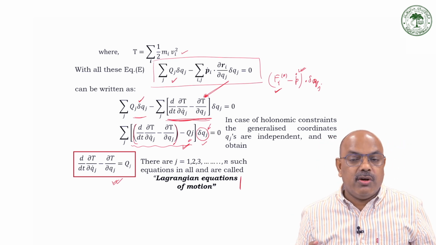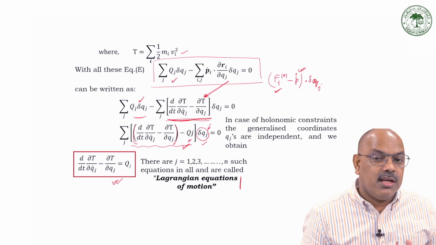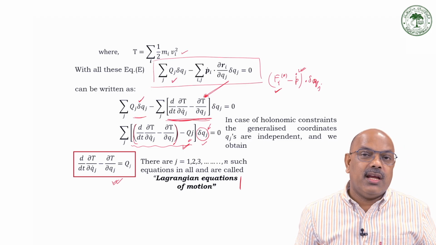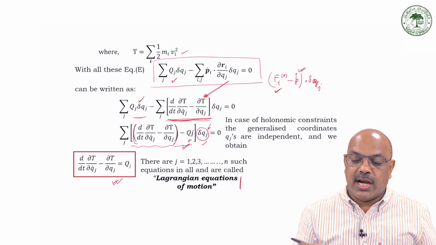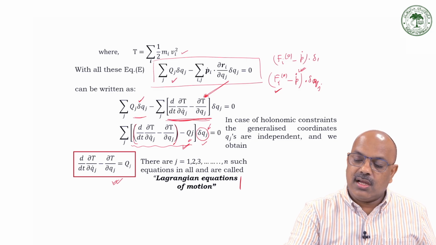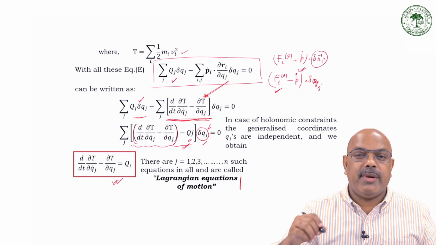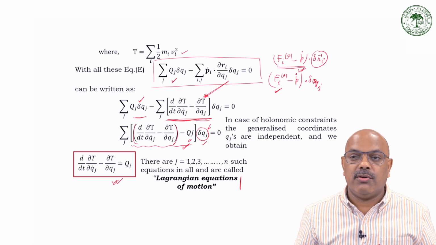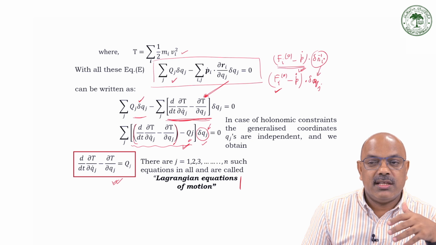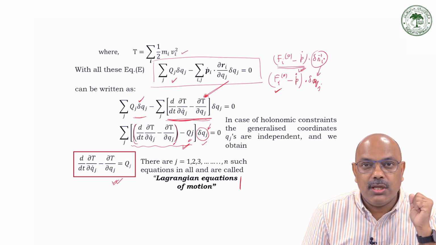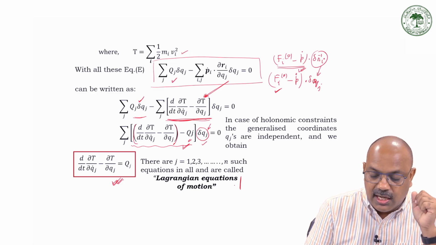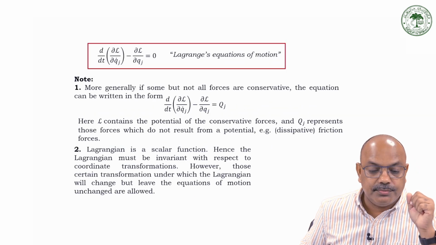But for this holonomic constraint, if you remember from where we started, the argument was that these, fi minus this delta ri, were all dependent, so we were not able to put this equal to 0. So we transform this ri to my independent generalized coordinates, and then we can equate the coefficients equal to 0, and from that condition we get the equation that is known as the Lagrange equation of motion. Okay.